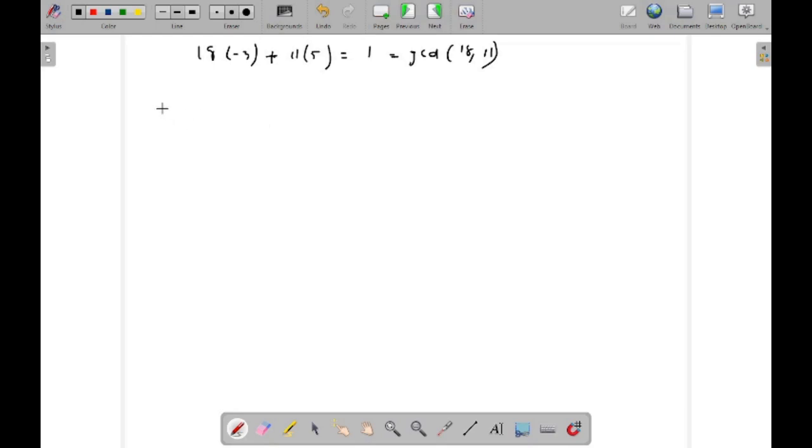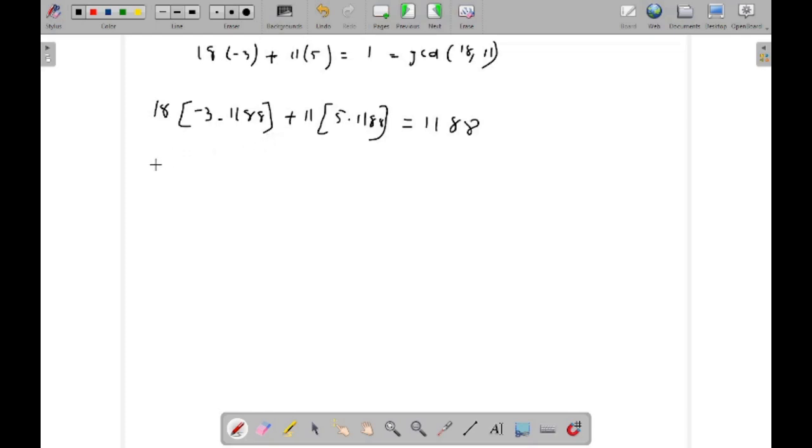Then we will get 18 into minus 3 into 1188 plus 11 into 5 into 1188 is equal to 1188. Okay, this will be our actual equation.